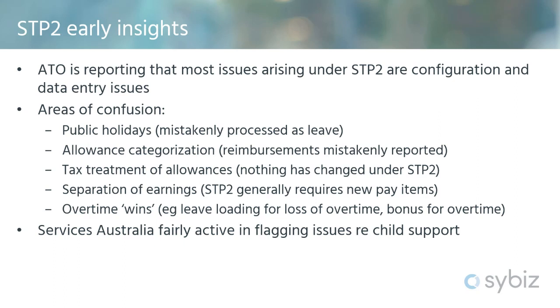So Services Australia, we've heard some more information about this, with the child support reporting. Some people have described the way they're treating employers as going rogue. They have been threatening some employers, and it's been an unpleasant experience for those employers that are reporting the child support information, so much so that the ATO and Services Australia are having some emergency meetings to try and get everything on the same page.